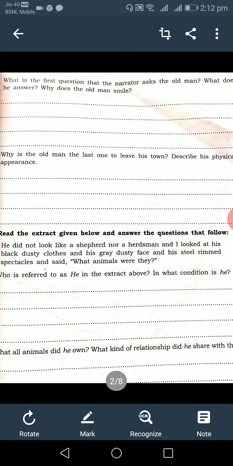In what condition is he? What is his condition? So you can write, he was wearing black dusty clothes and he had a grey dusty face and wore steel-rimmed spectacles. Then we come to another question.